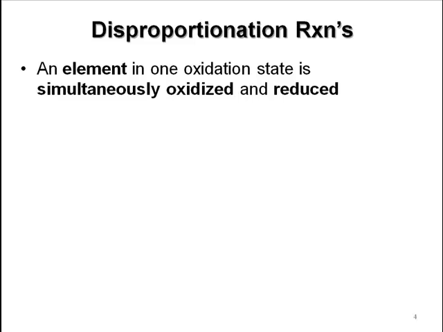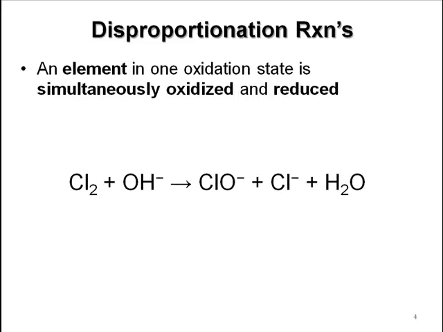In oxidation reduction, there are certain reactions which are called disproportionation reactions. I can barely even say the word. Whoa, why is it such a big word? This is when an element in one oxidation state is simultaneously oxidized and reduced at the same time, or at least as far as we can tell at the same time. This is an example of one of these reactions.